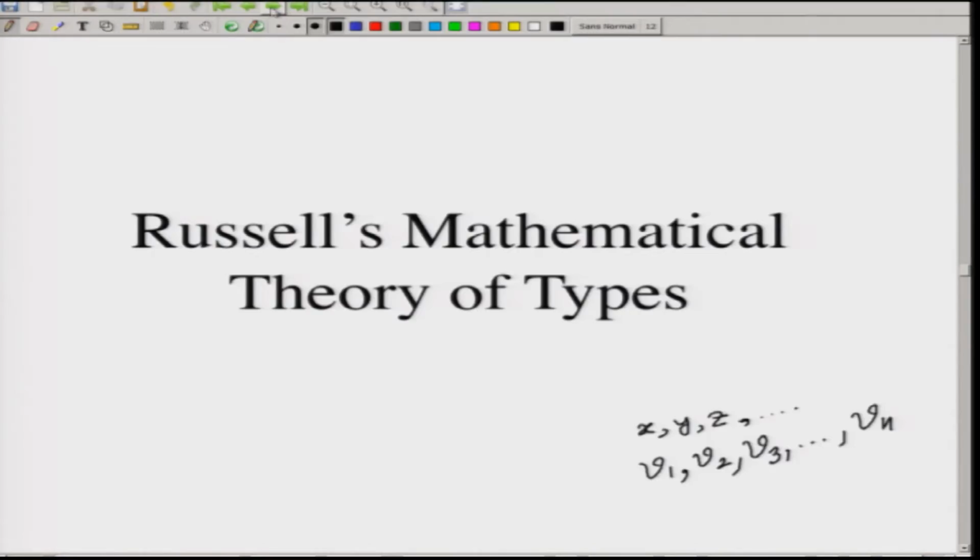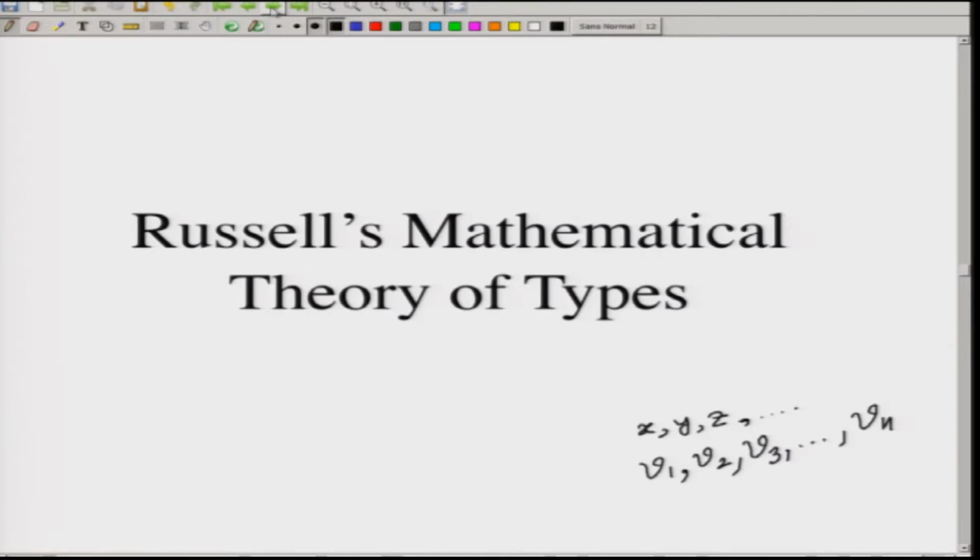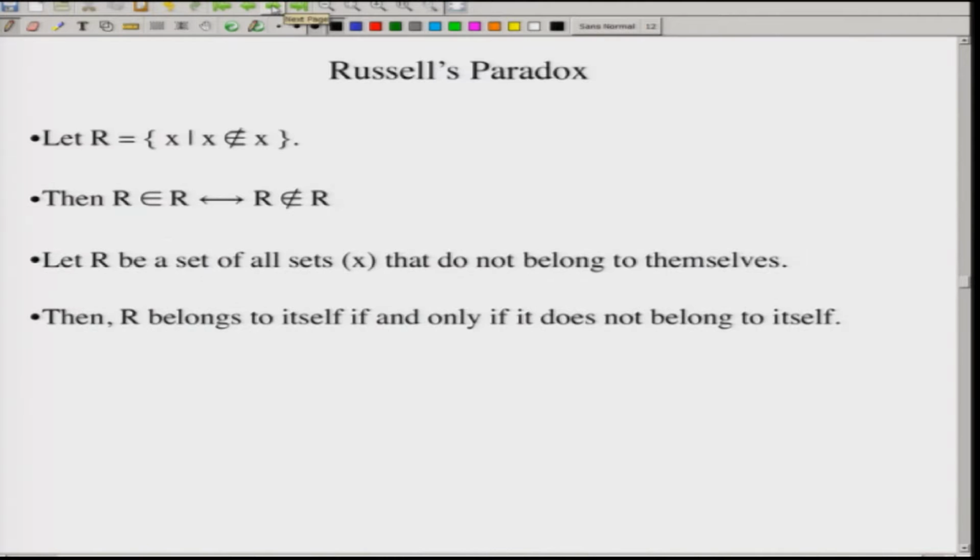But what is the problem with such a language? We shall see that first. So we need to talk about Russell's mathematical theory of types, and then we will go for L type. In a semantics course, it is enough to understand how L type is constructed, but we are talking about Russell's type theory because it is so very important.